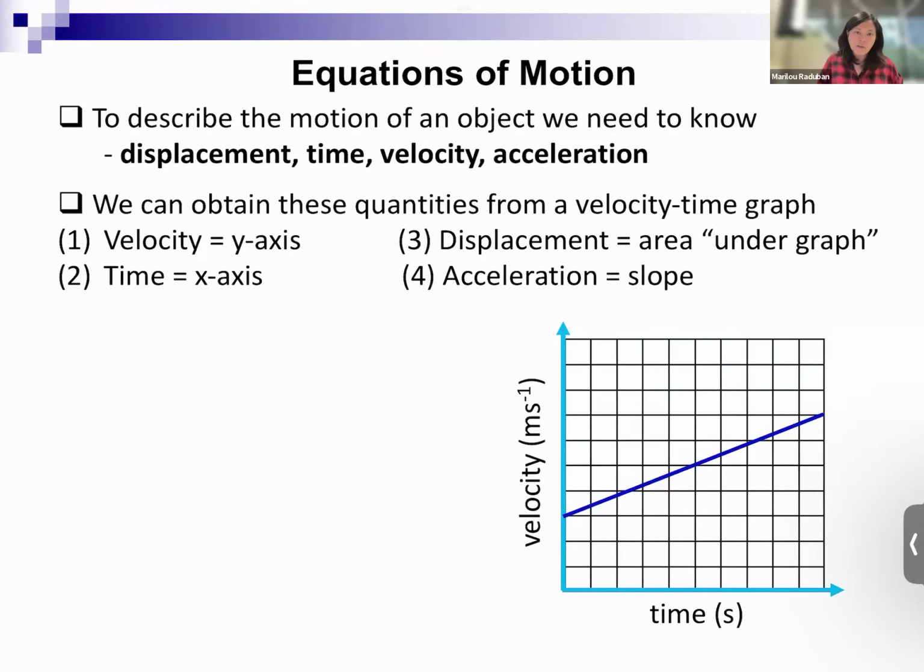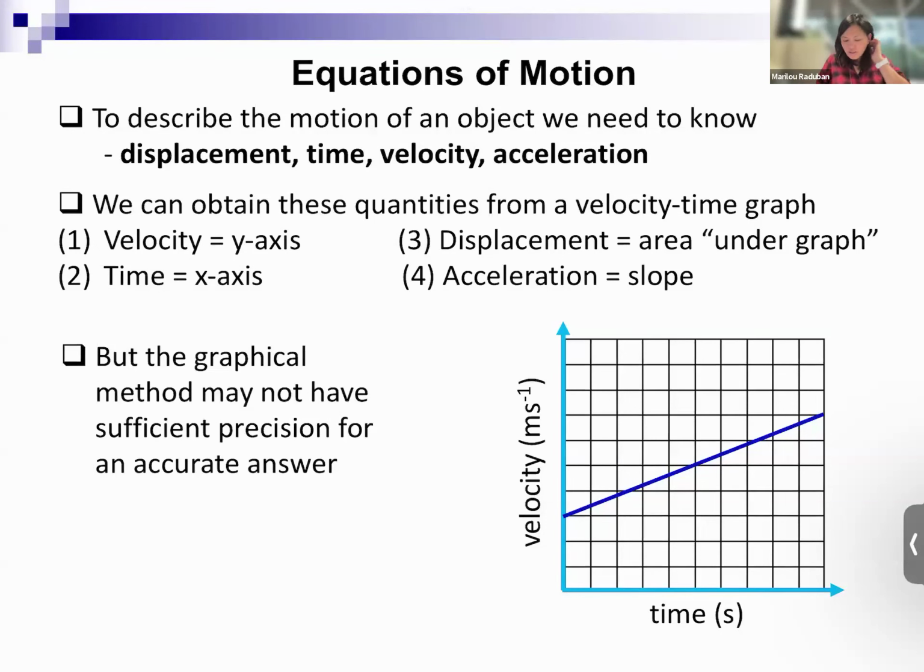We learned that if you get the slope and the area of the graph, you come up with an unknown kinematic variable, or kinematic physical quantity.